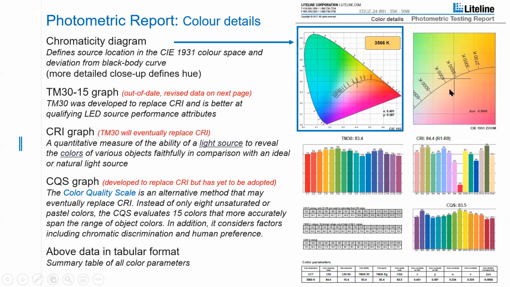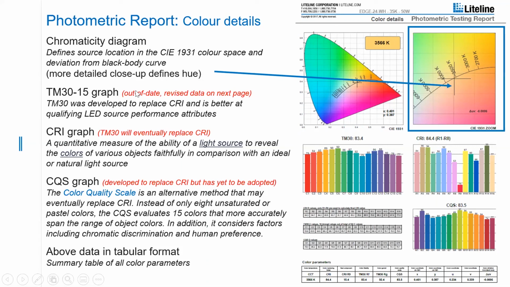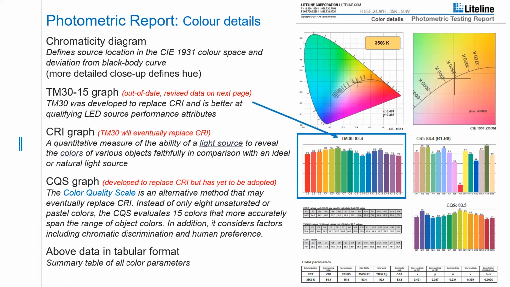If we zoom in at 3,566 Kelvin, we see that we're located ever so slightly off the black body towards the pink orange, which means that it is possible that there would be a mild, probably indiscernible pinkish hue. But that's what the zoom function does.